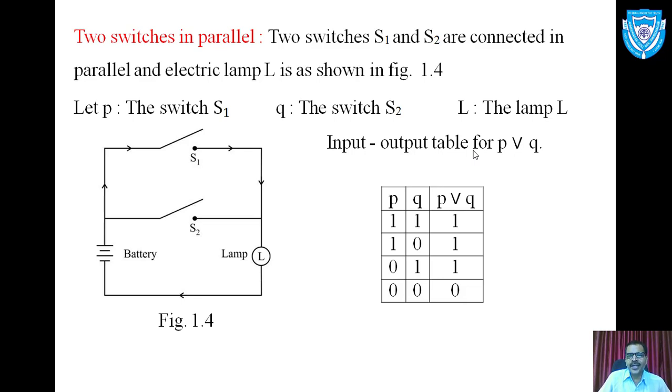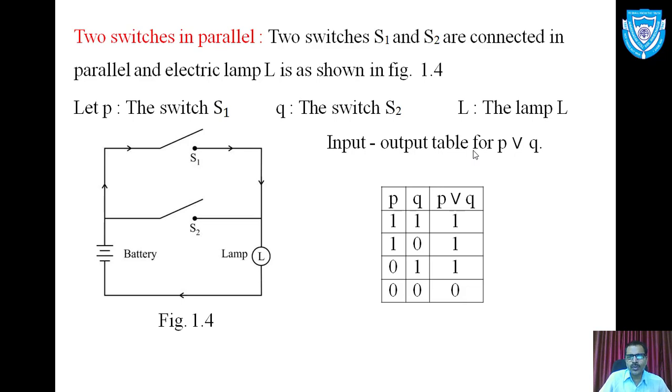Here statement L is the same as the logical compound statement P or Q. Why am I saying that statement L is the same as the logical compound statement P or Q? Because the truth table of P or Q gives the correct behavior of the switching circuit.